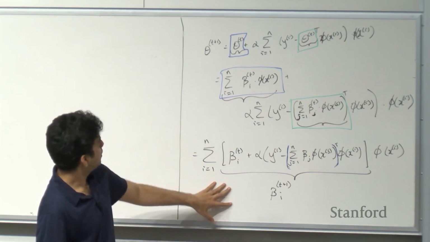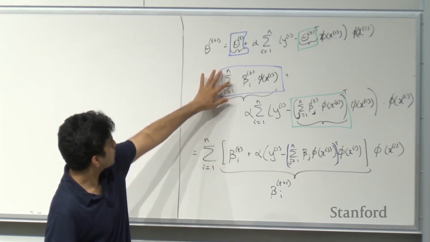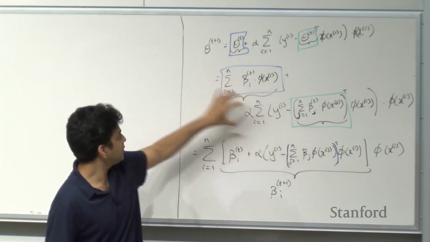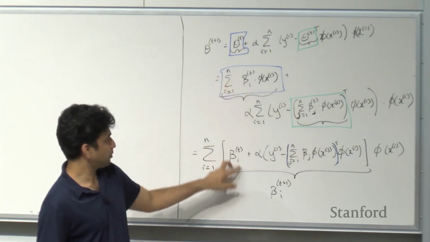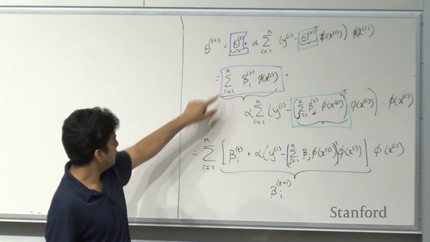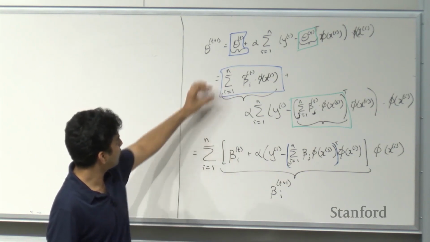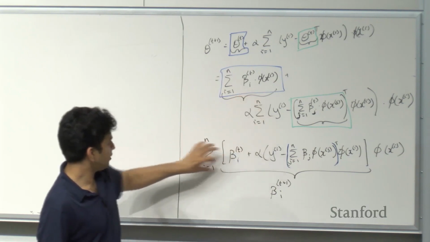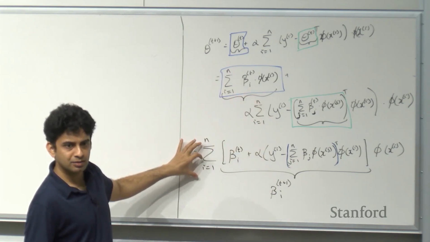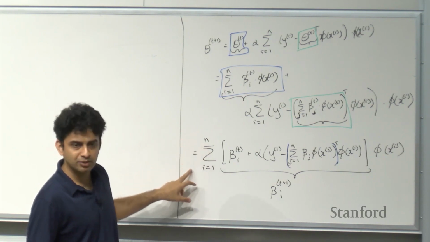I took this summation and this summation and this summation common outside, so it appears just once here. This summation is common for this term and this term, so I've taken that out. Does it make sense? Or did I misunderstand your question?